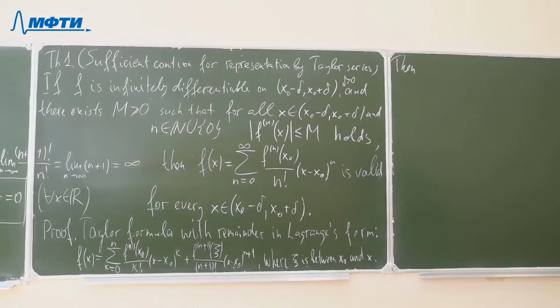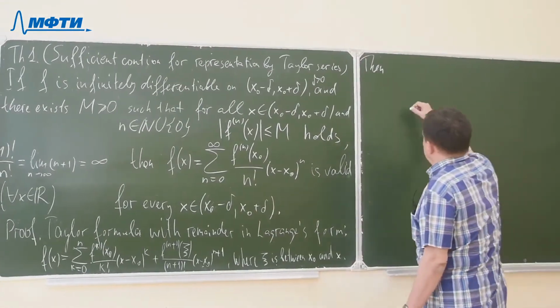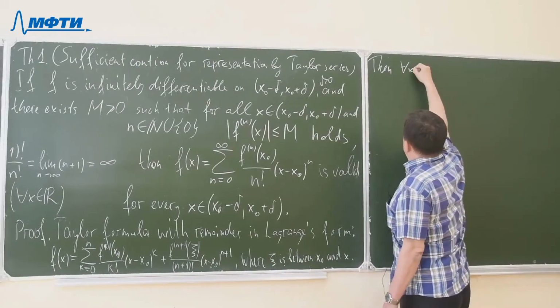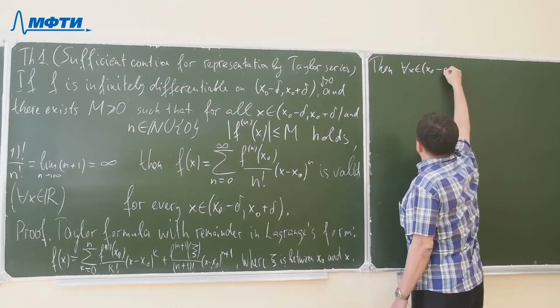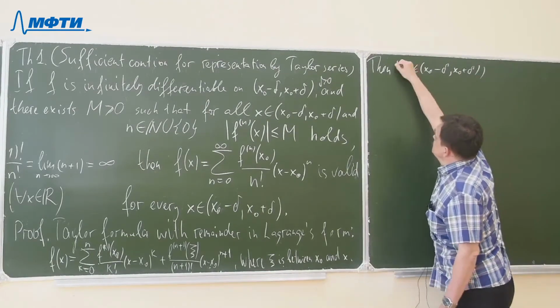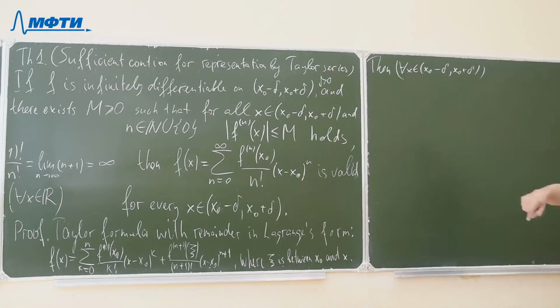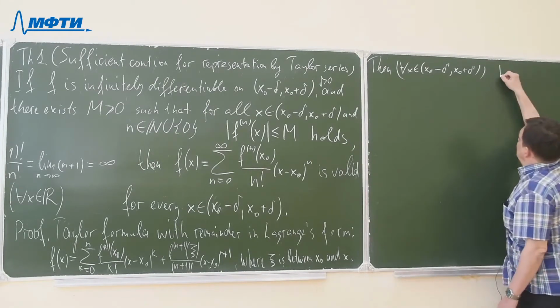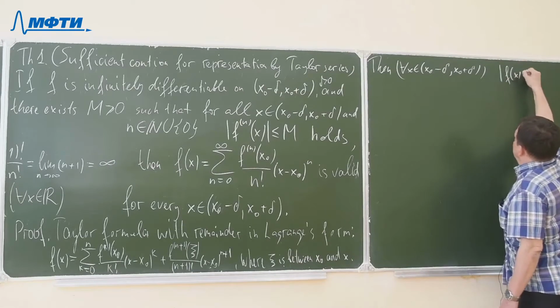What do we deduce immediately? Look, for arbitrary x in our interval where all derivatives exist and are bounded by our supposition by a constant, we can write the following estimate.